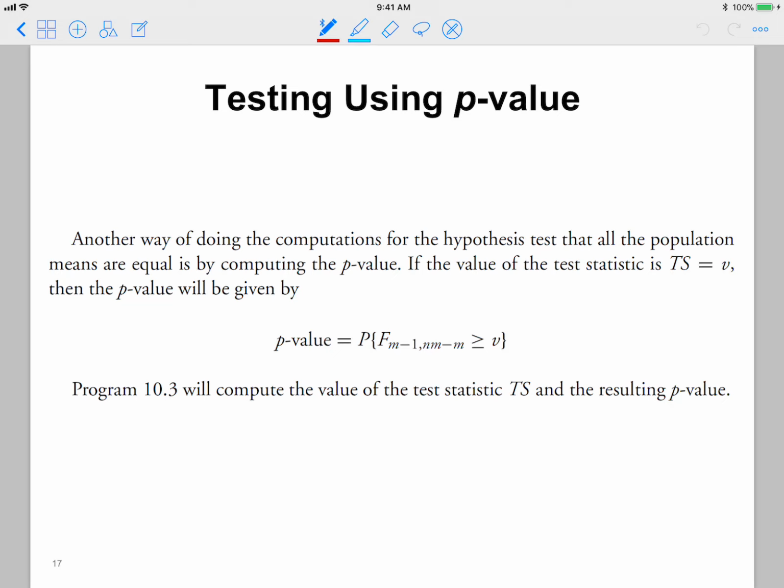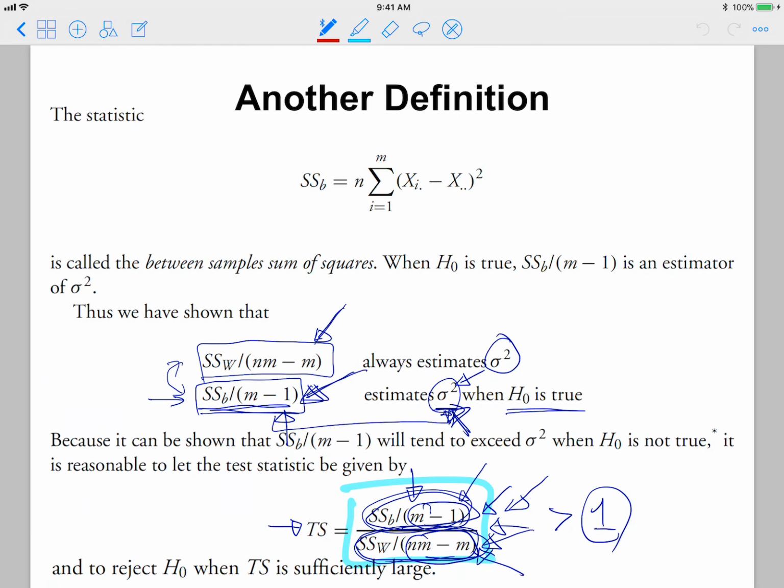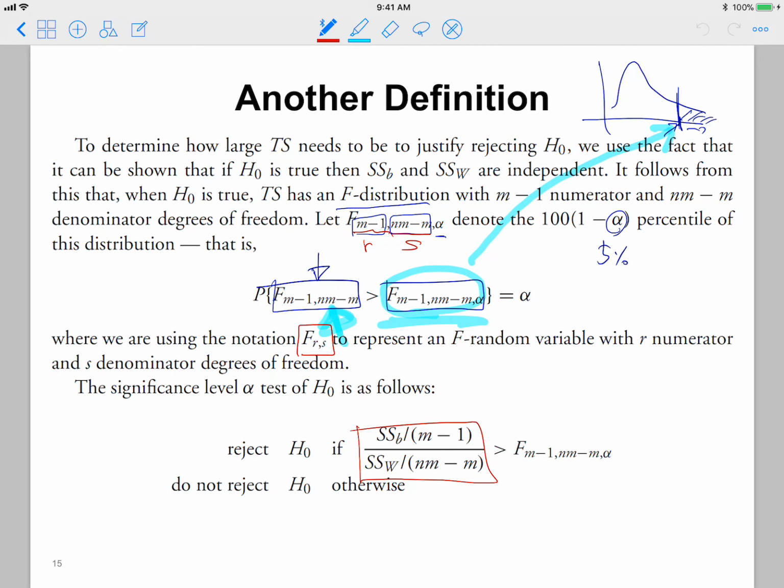We can also compute the p-value. Instead of using the predefined alpha value, we use this value. In our F distribution, this is our test statistic, which we compute from our samples.